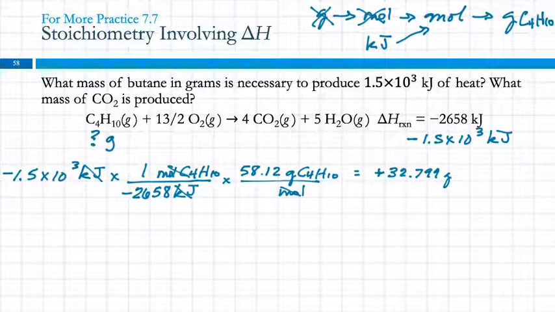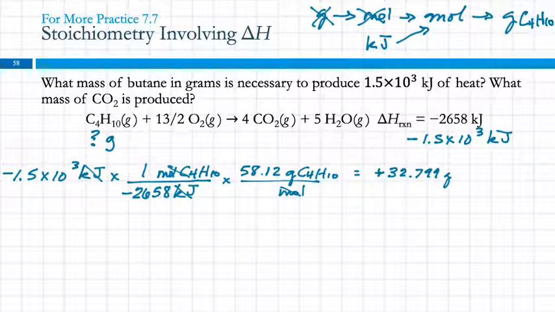So both of those are negative. You can't have one be negative and one be positive, unless you switch the reaction to run backwards, and then you switch the sign on delta H anyway, so they're always going to be the same sign.